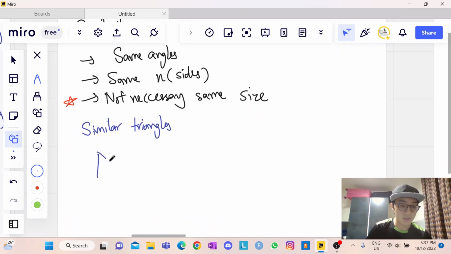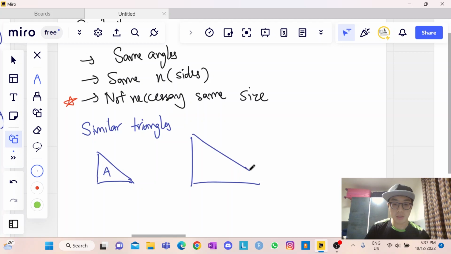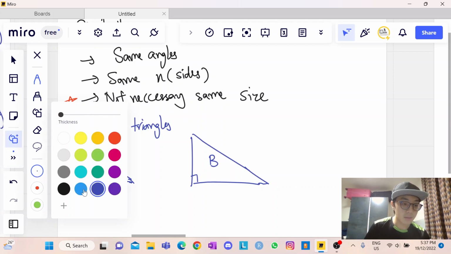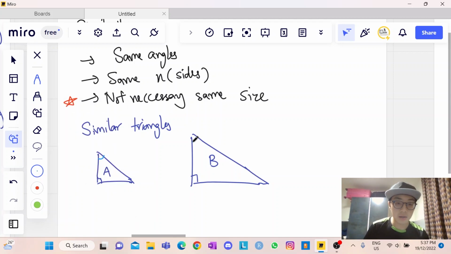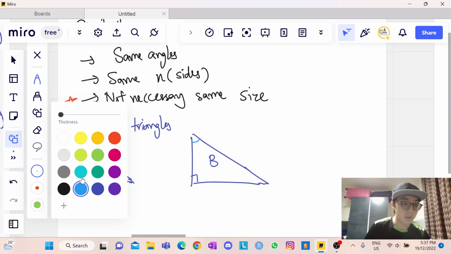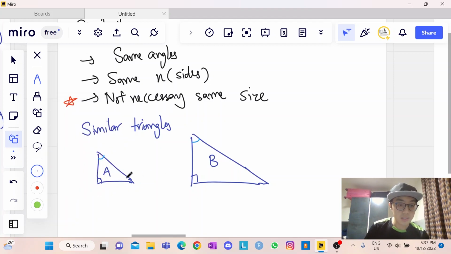So let's say this is A and this is B. Provided both of them are right angle triangles, and you are also given that this angle and this angle are the same, and this angle down here and this angle down here are the same.